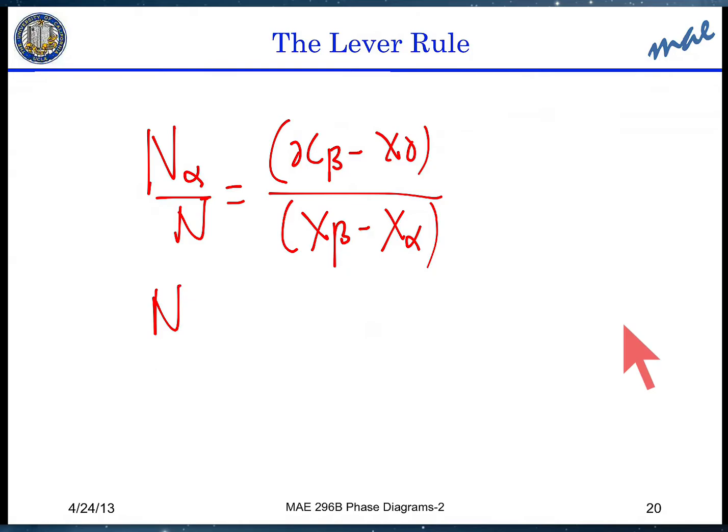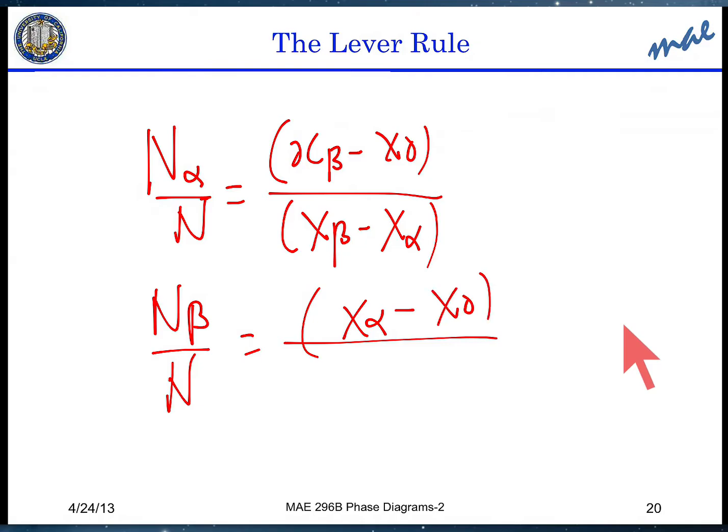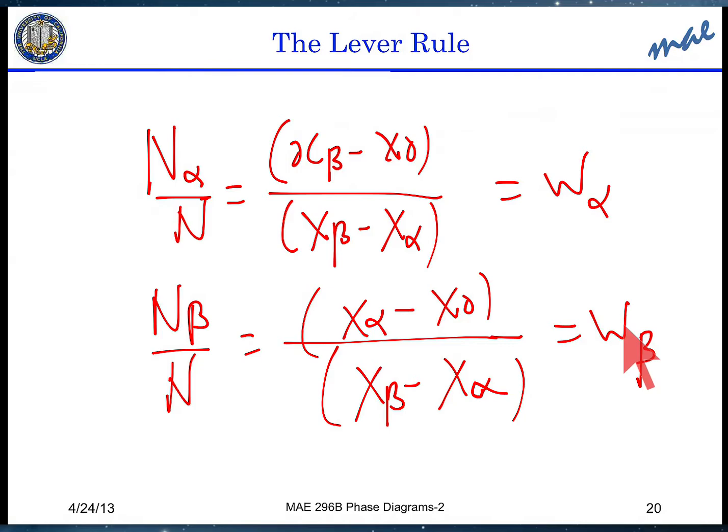And N beta over N is equal to x alpha minus x0 divided by x beta minus x alpha. And these are the fractional concentrations W alpha and W beta that we are looking for.